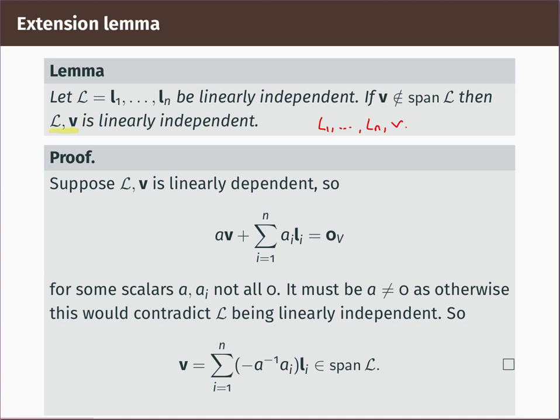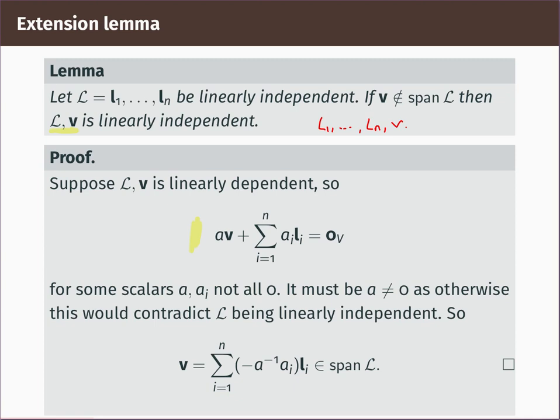Here's how the proof works. Let's suppose, to the contrary, that L, v is linearly dependent. So that means there exist scalars a and a1 up to an such that not all of those scalars are zero and the linear dependence relation holds.